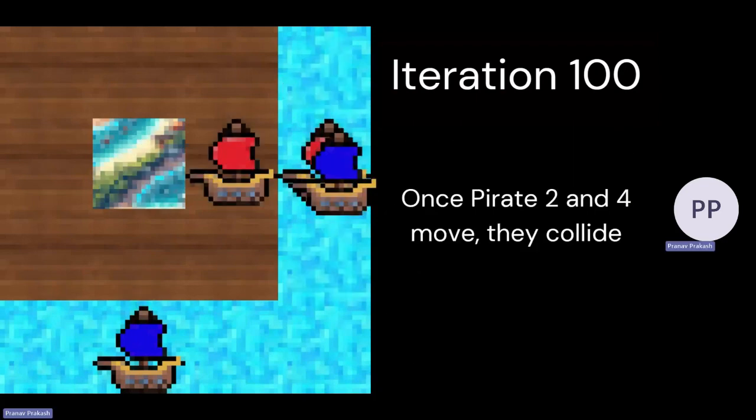The last thing we'll see is what happens when two pirates of opposite teams move onto the same tile. In our case, the red and blue pirates on the right side of the map ended up moving onto the same tile. And in this case, they have now collided. When two pirates collide, depending on the amount of gunpowder that their teams have, their fate is decided.